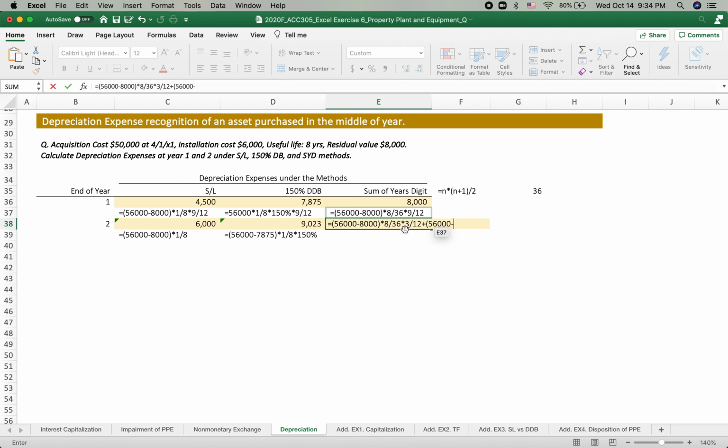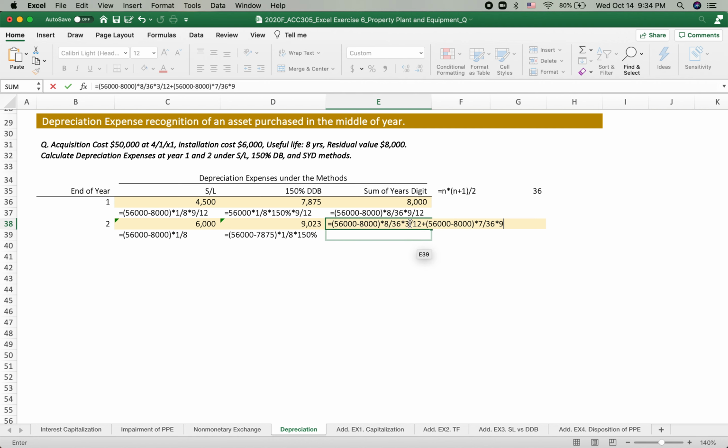Now we want to calculate again 56,000 minus 8,000 and times, now we should use the seventh year out of the 36, that is the seventh digit, and now we should use 9 months because that year is the fiscal year, second year, full year.